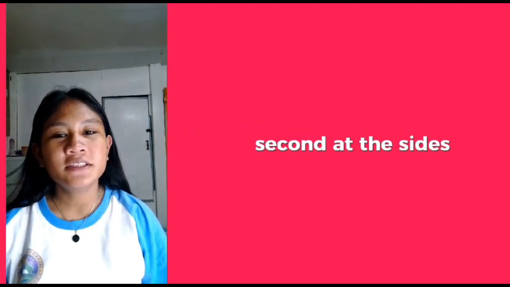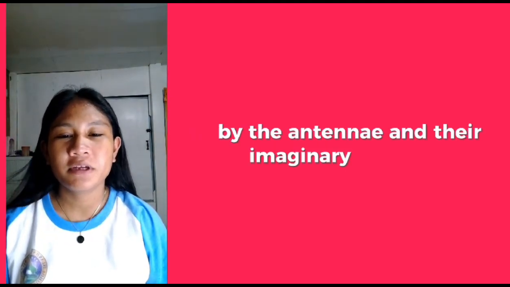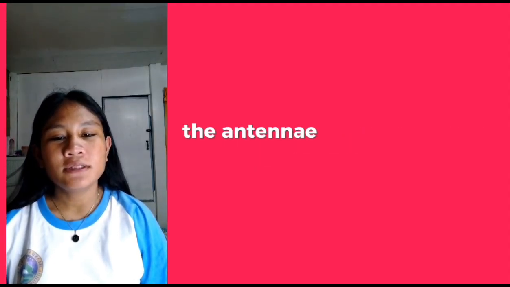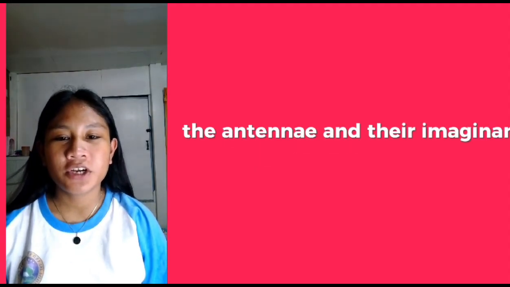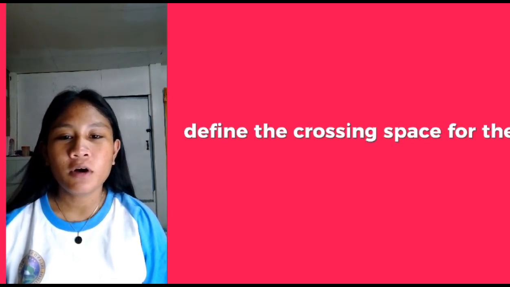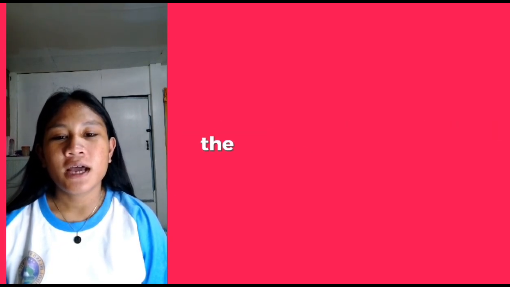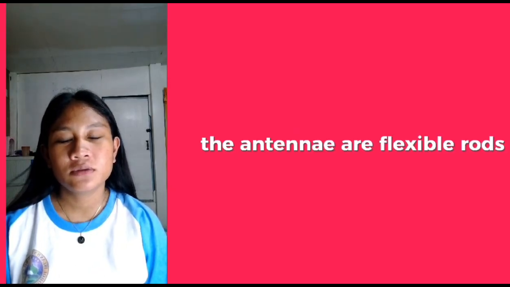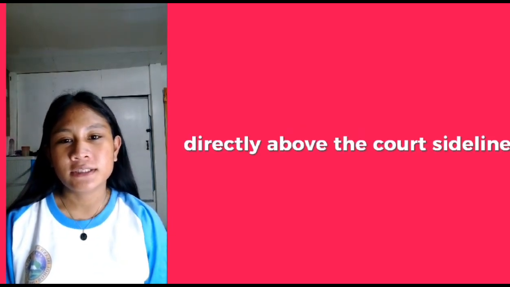Second, at the sides by the antennae and their imaginary extension. In volleyball, the antennae and their imaginary extensions define the crossing space for the ball over the net. The antennae are flexible rods attached to the sides of the net directly above the court sidelines.